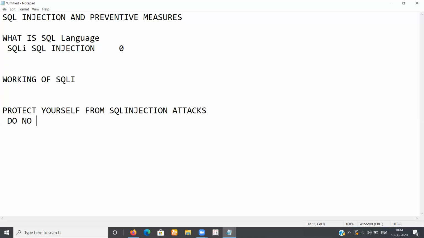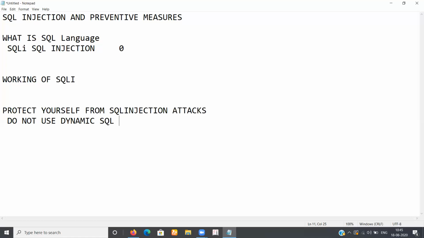do not use dynamic SQL. We try to avoid putting user-given input straight into the SQL statements. Making use of parameterized queries and fetching users' data indirectly in your database would protect your system from SQL injection.